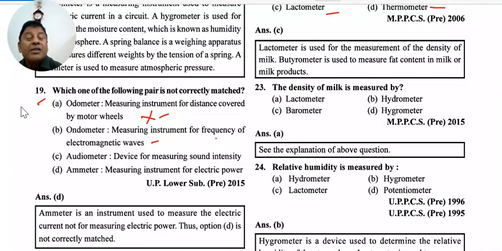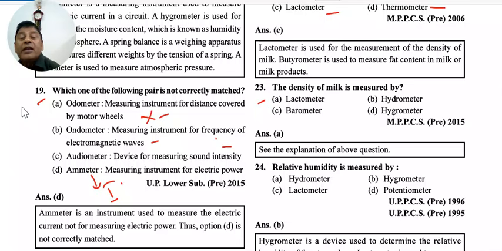This is correctly matched. Oximeter, device for measuring a sound intensity. It's also correctly matched. So the only option left is ammeter, measuring instrument for electric power. No. Ammeter measures electric current I. So this is not correctly matched. So the right response as per the need of the question is D.